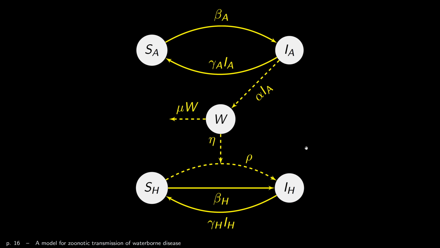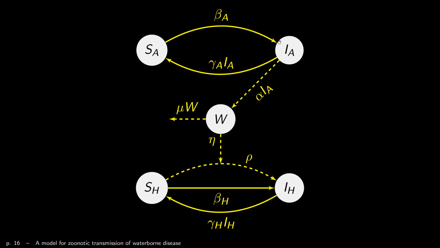So the model looks something like this. It's two SIS models where the transmission is really, I should have written beta SAIA, but what's important here is this term. Okay, so you can see the environment, the water is contaminated. W stands for water.